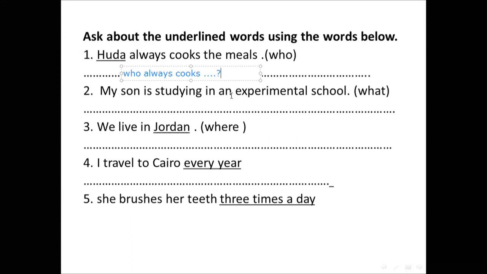What does experimental school mean? It is like the industrial schools with professions. Now I want to use what and ask about the action. I start my question with what. Now as you see, is studying, the verb in the continuous, I use is. Now my son, oh sorry, your son.